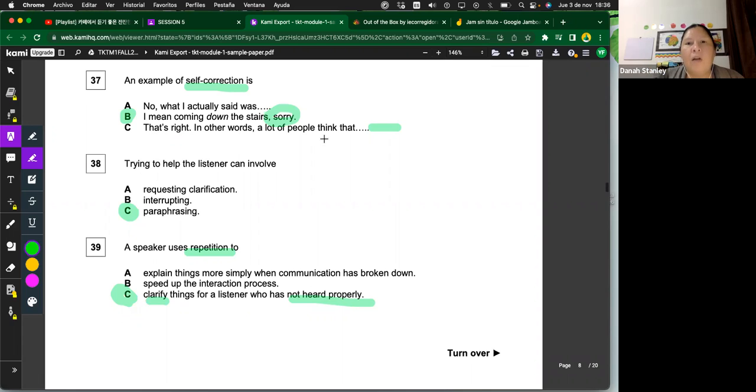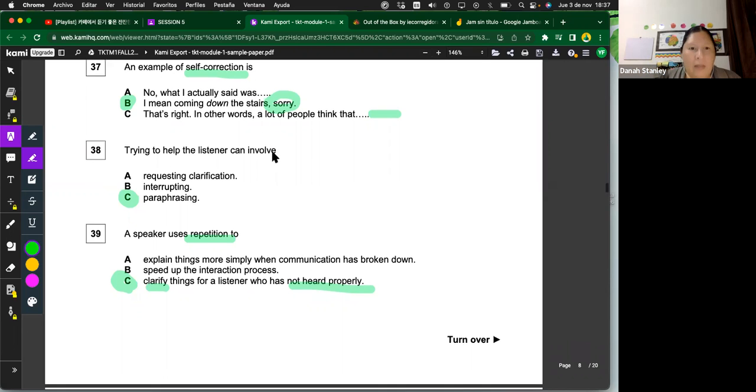In other words, a lot of people think that": you are backing up, or supporting, what someone else has just said. And here, "I mean coming down the stairs, sorry," the "sorry" is self-correction. You need to correct what you said because you realize the mistake. There's no one else to come and tell you that you are incorrect, okay?